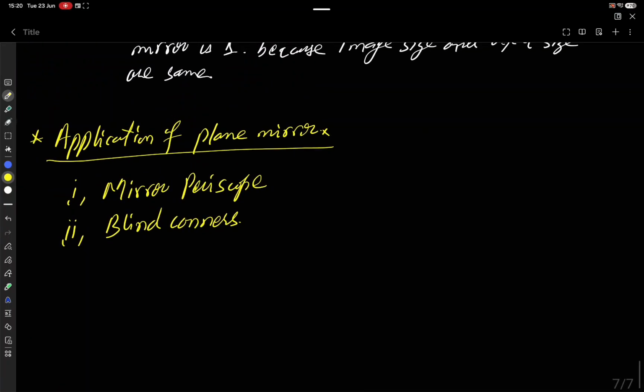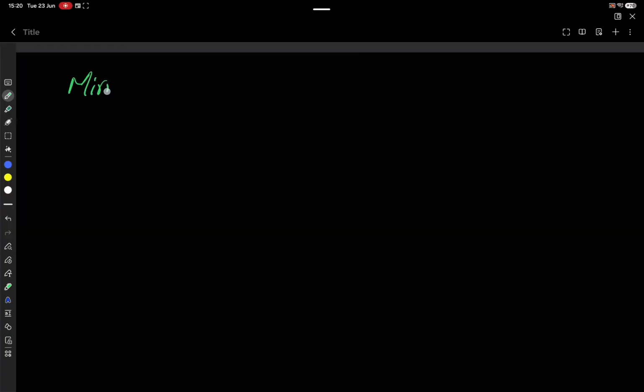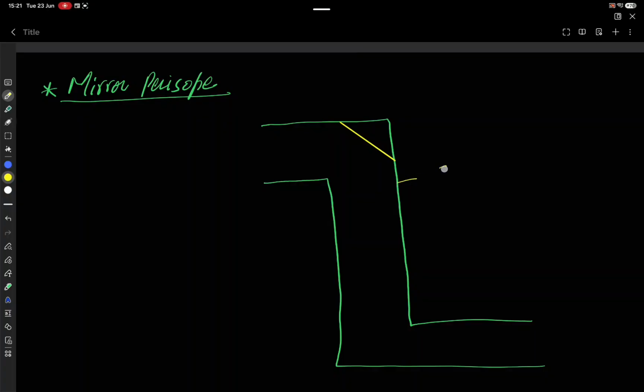A periscope is an optical instrument used in submarines to see elevated objects, the objects on the surface of water.